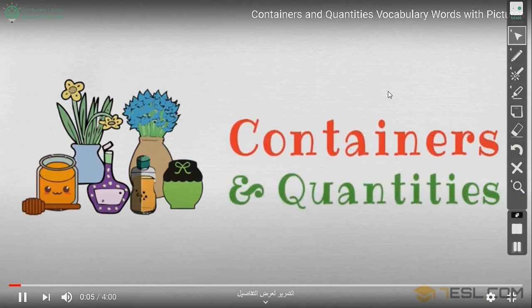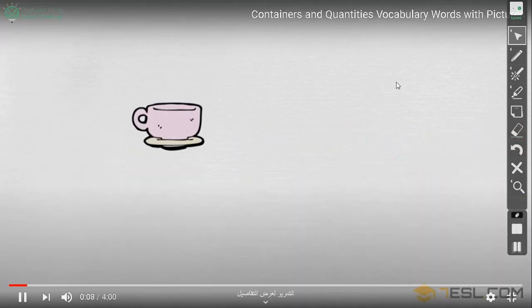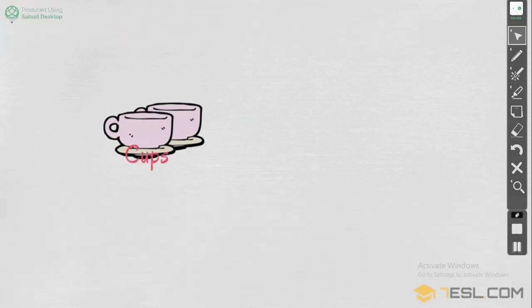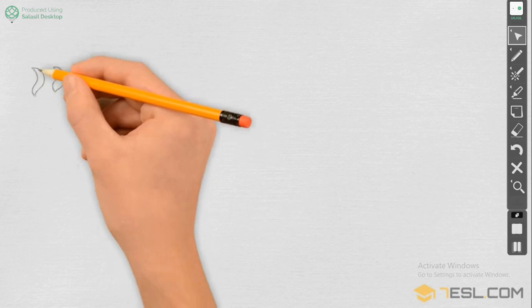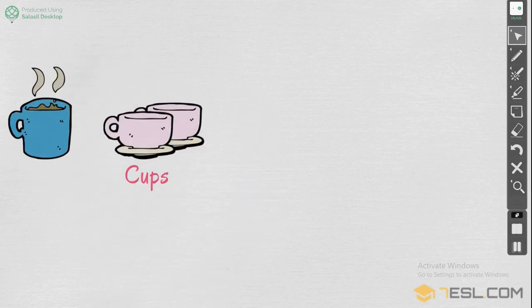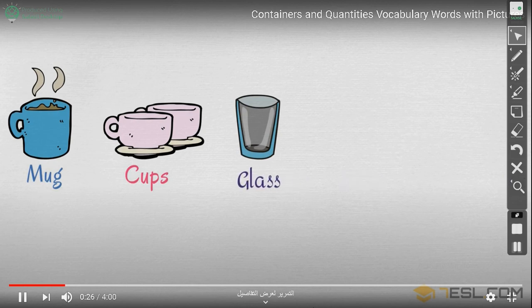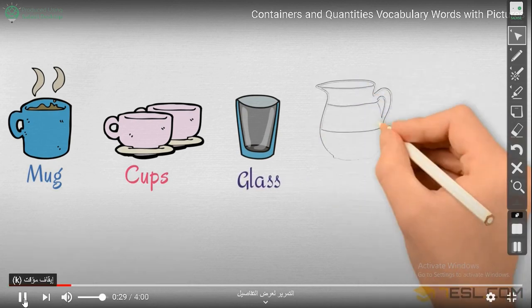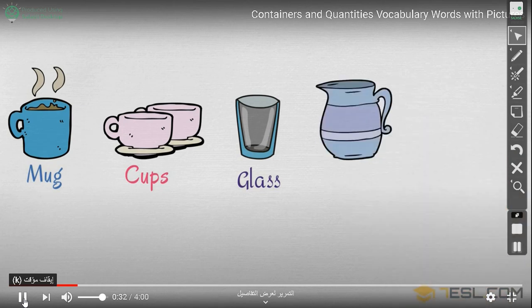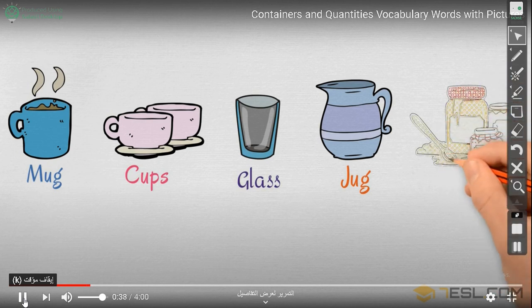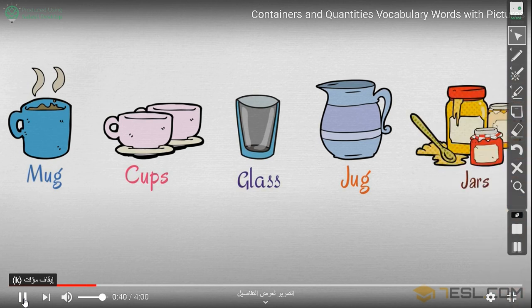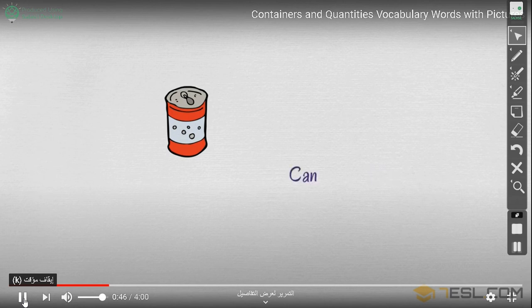Containers and quantities. Cups. Mug. Glass. Jug. Jars. Can.